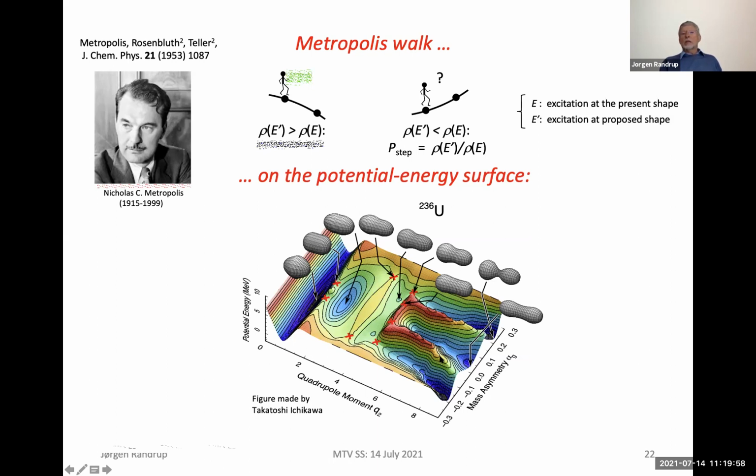And this means as you consider the probability for going into the symmetric valley, look at the symmetric yield as a function of the neutron energy, it's not monotonic. It can go up and down because whether you can go in or not depends a lot on this gap in the level density. So this is a very interesting structure effect that is sensitive to pairing in shapes that look very, very distorted.